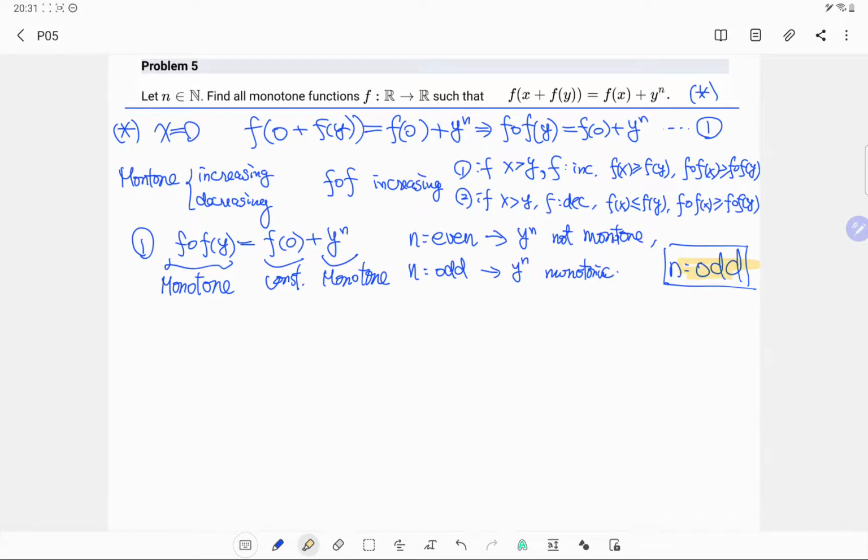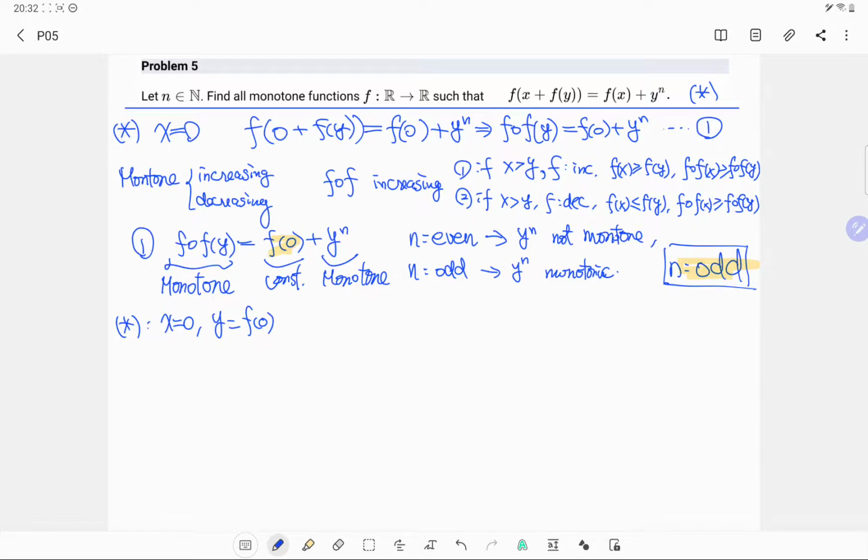The next step is to find f(0), because this term is not good for us. If we can eliminate it, it will be much better. In the original equation, the star equation, we can let x equal 0 and y equal f(0).